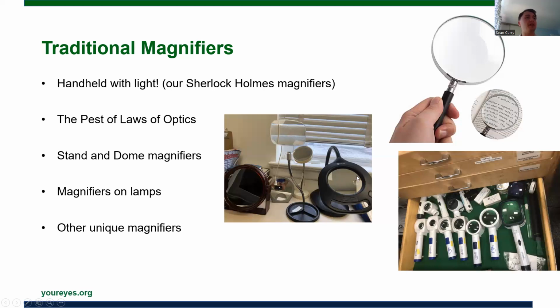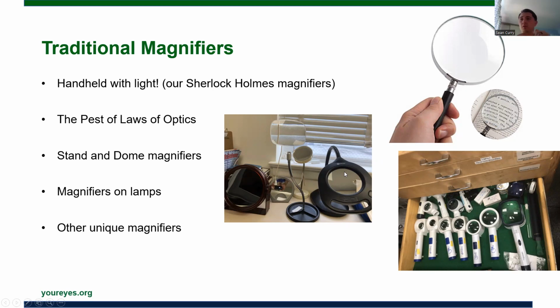Now, these magnifiers sound really great. However, they are oftentimes limited on the level of power. So the magnifiers that you'll see with lamps oftentimes won't get much higher than 3.5, maybe 4 times power, which is pretty strong for a lot of us, but it may not be strong enough for others. These are especially good if you are doing things like crafts.